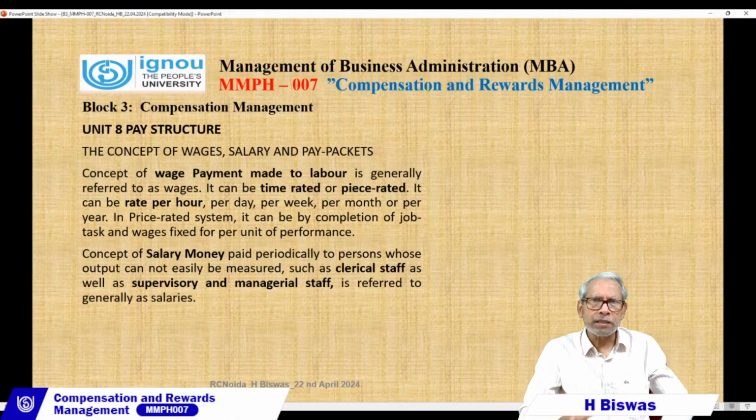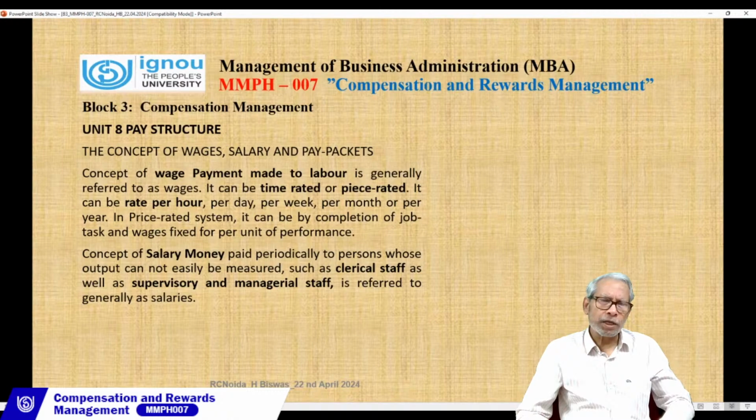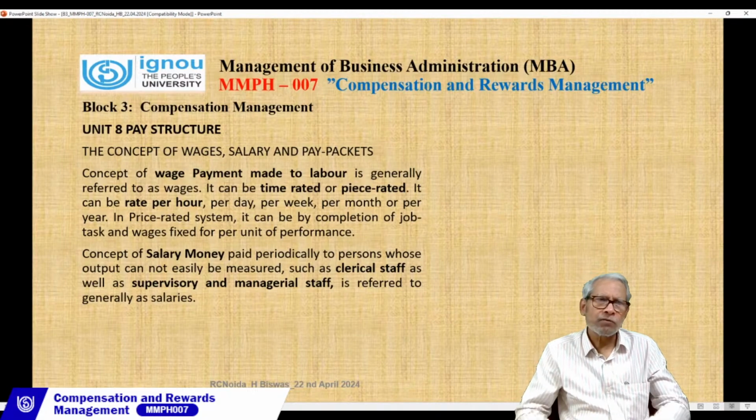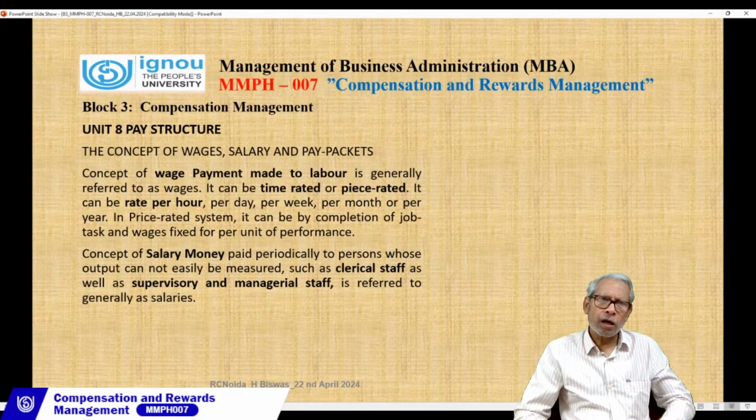Those who are painting a particular component or working in assemblies, you have to assign the jobs in such a way that the rate can be fixed accordingly. Or it can be a rate per hour.